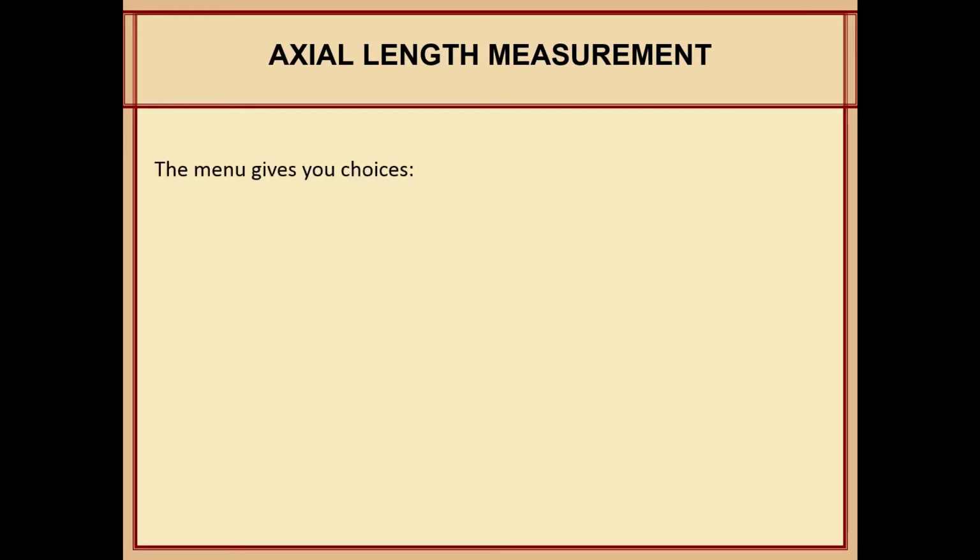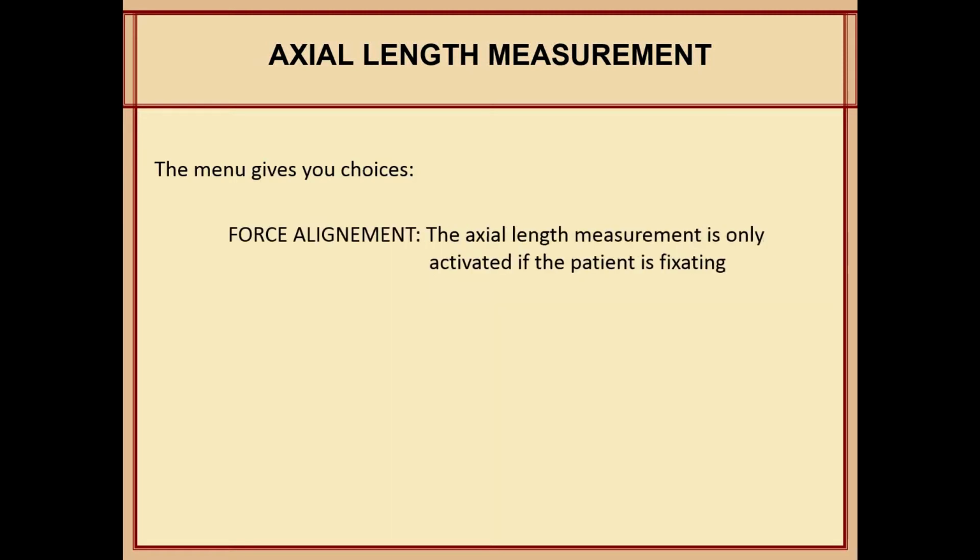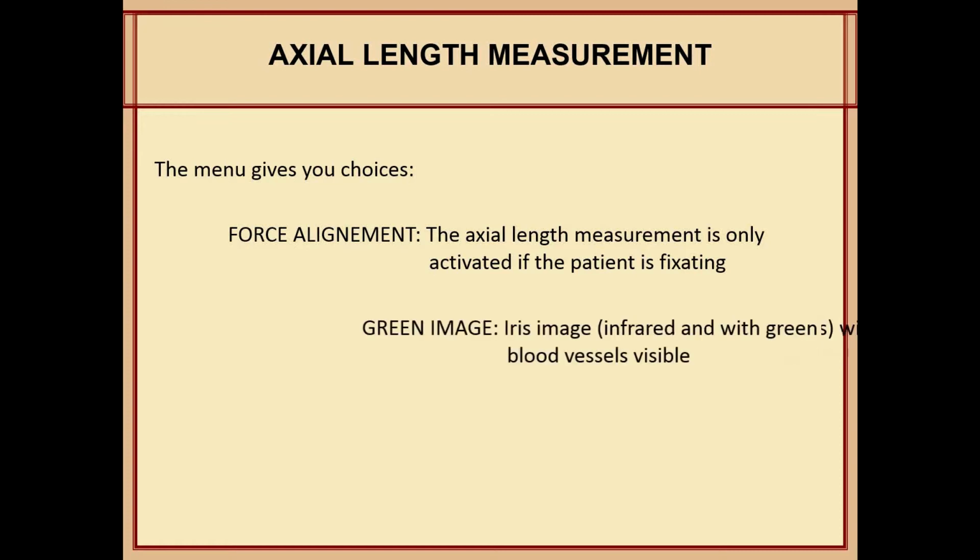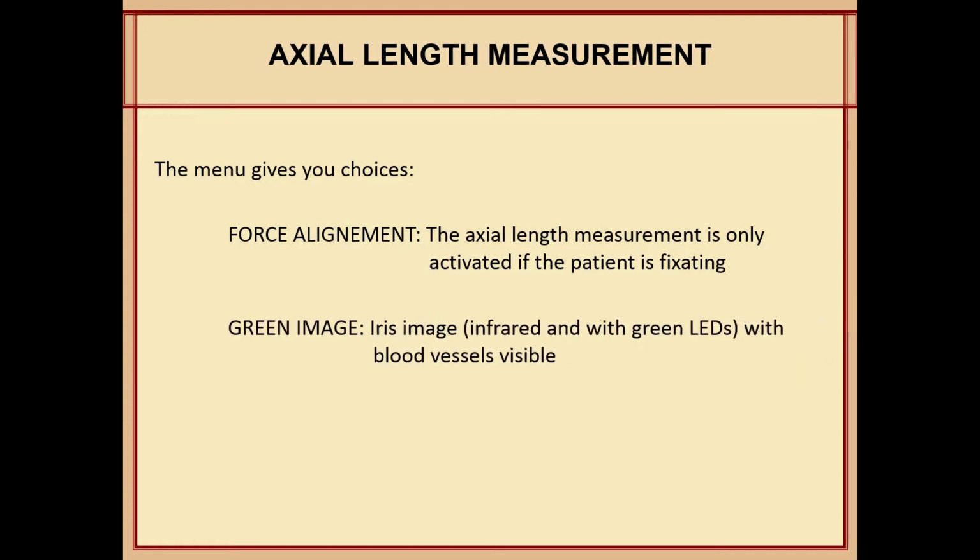The menu gives you choices when you do that, and the two most important parts that I found are the force alignment, where the axial length measurement is only activated if the patient is fixating. Otherwise, you are prone to get an erroneous measurement.